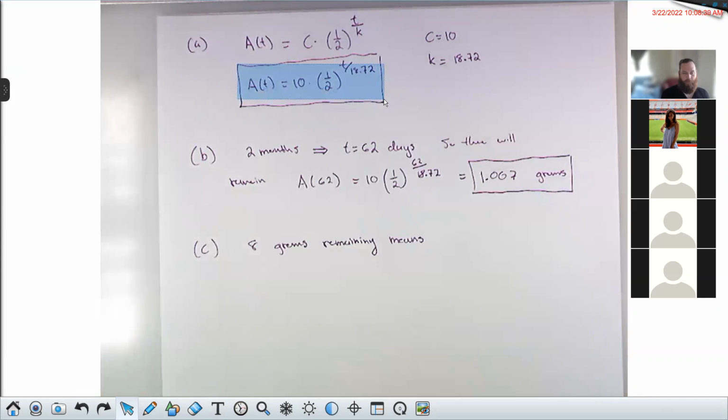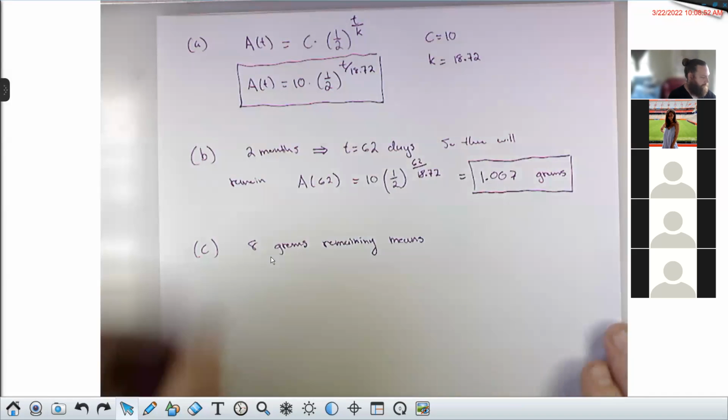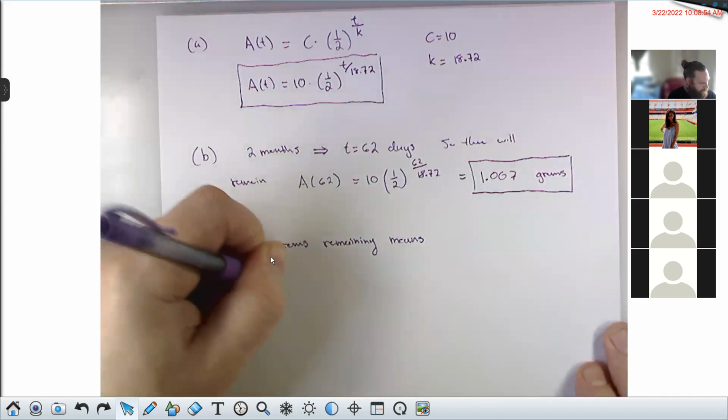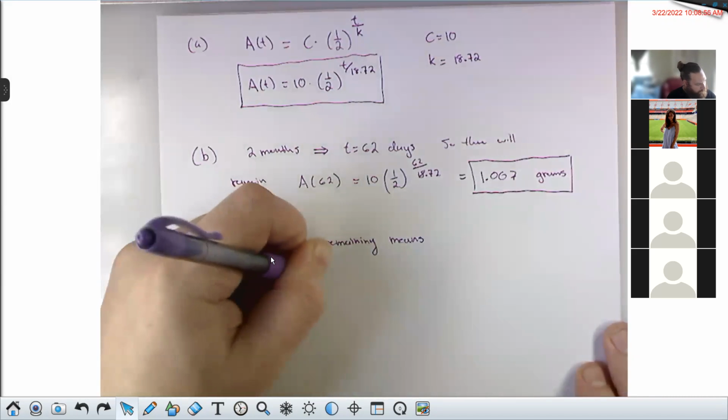I want to know when there will be 8 grams left. So I need to set this equal to 8 and try to solve for t, meaning A of t is equal to 8.